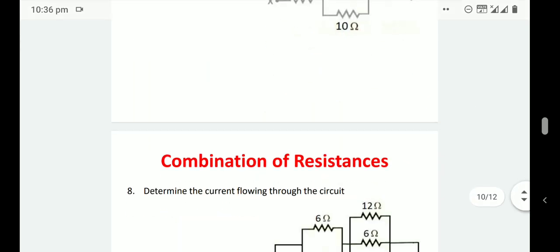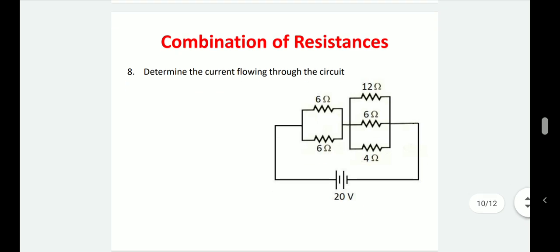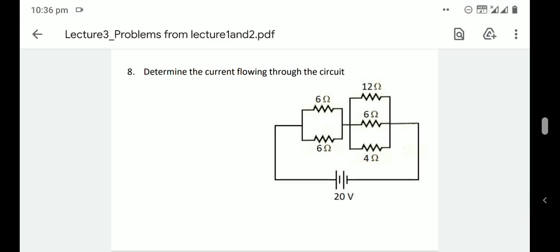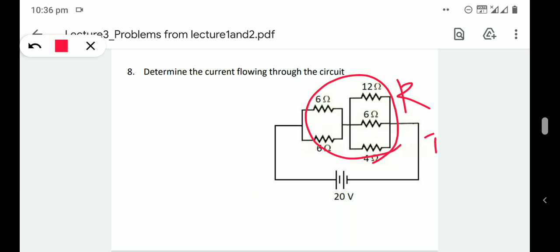Okay. Then next, again we need to find out the current flowing through the circuit. To find the current flowing through the circuit we need to find the equivalent resistance R. Then we can find current using the equation V divided by R. So again we need to find the equivalent resistance.